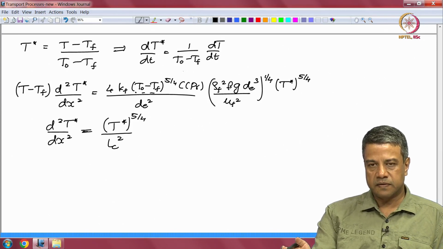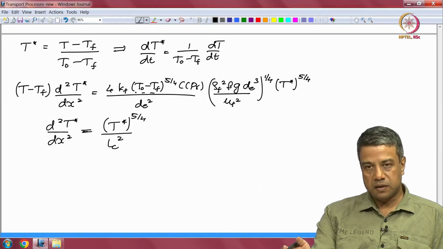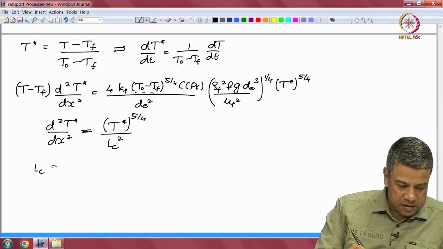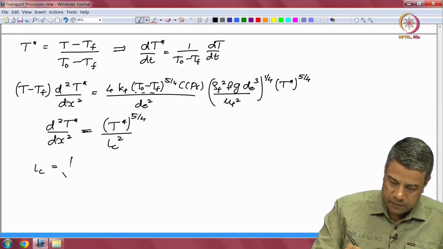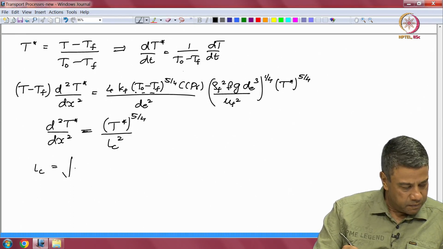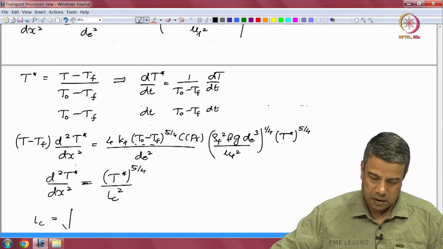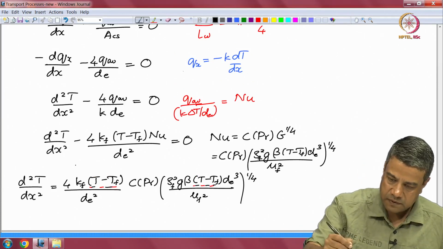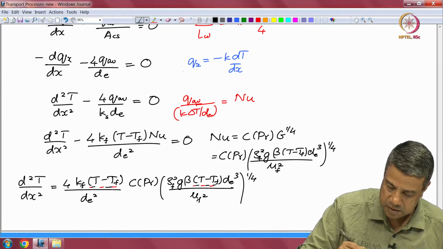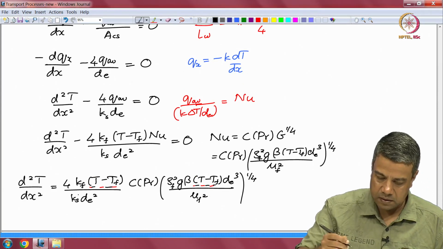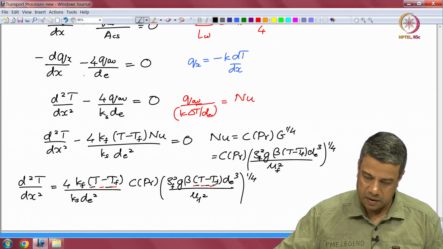The left side has 1 over length square dimension, so the right side also should have a dimension of 1 over length square, where this characteristic length will be equal to root of... I missed out this factor of K here. This is a solid conductivity, so there should be a Ks. Kindly note that.